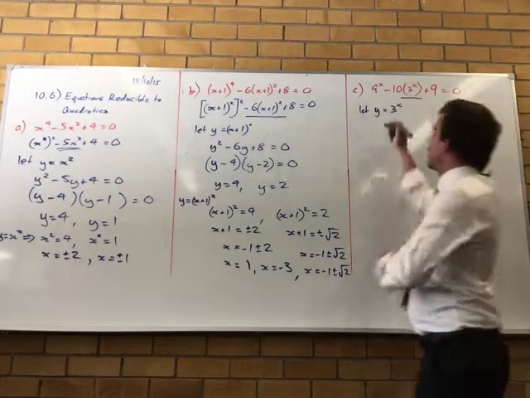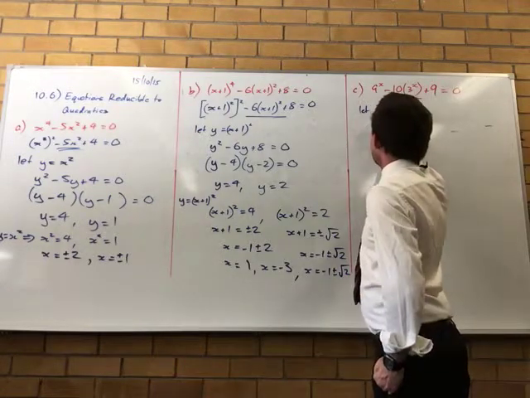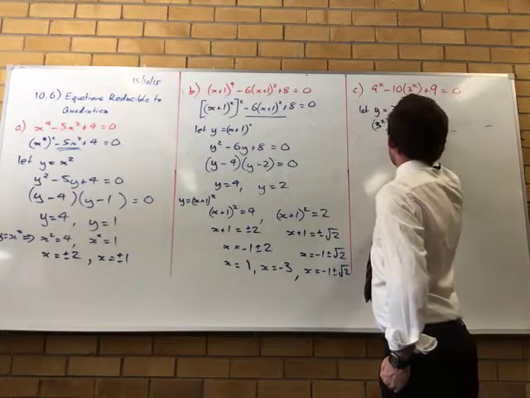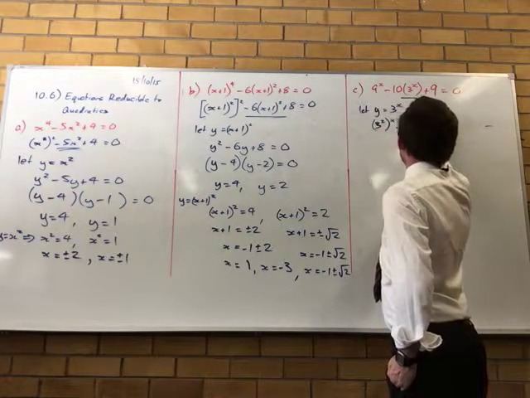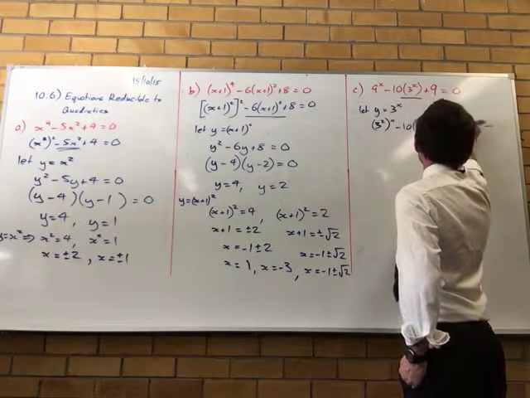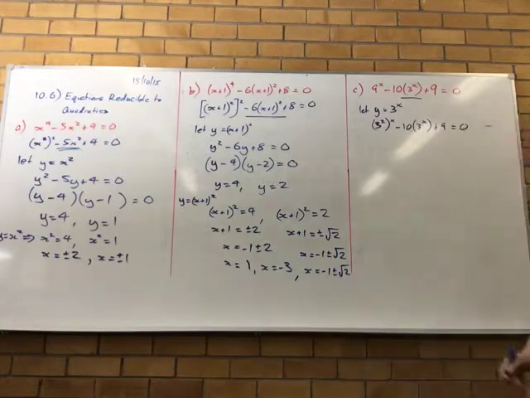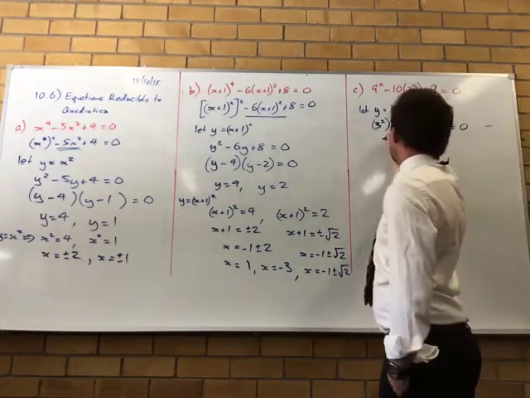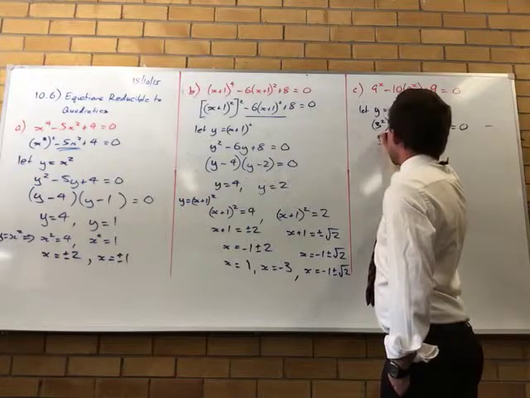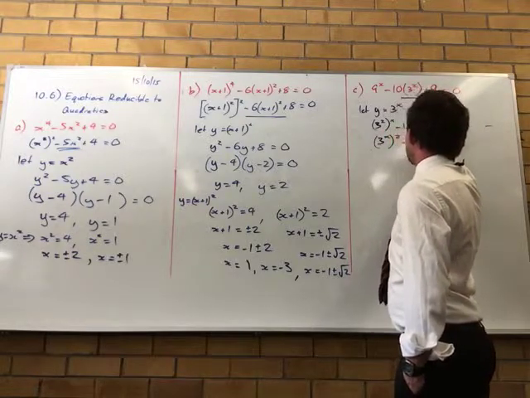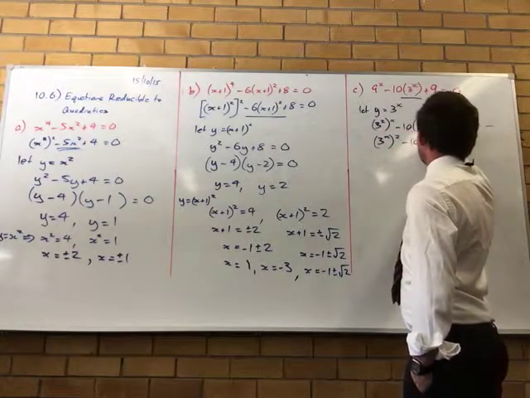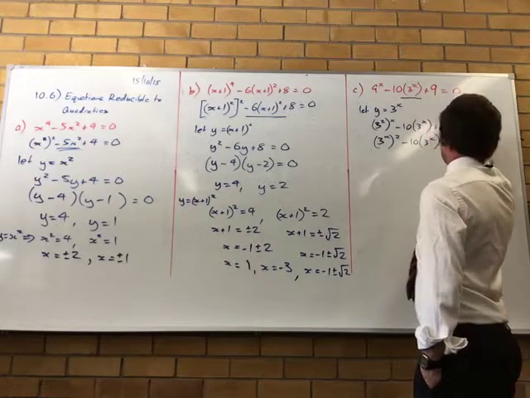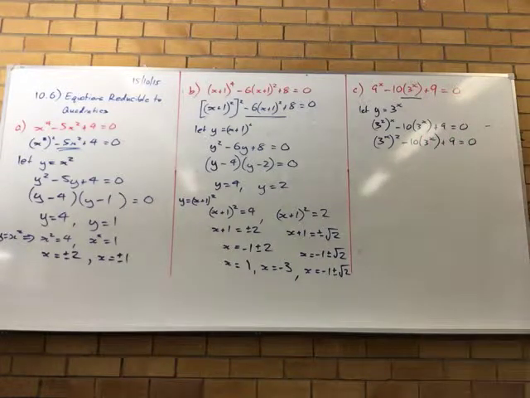In other words, 3 squared, all to the power of x, take away 10 lots of 3 to the x, plus 9 is 0. And then using an index law, 3 to the x all squared, take away 10 lots of 3 to the x, plus 9 is 0. Alright, you don't have to show all these steps, it's just to help you with your understanding.